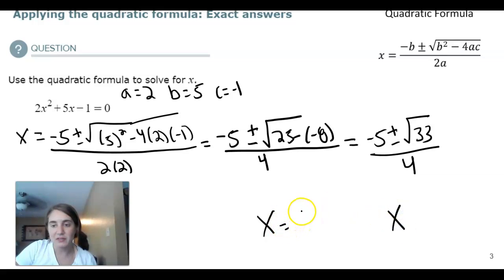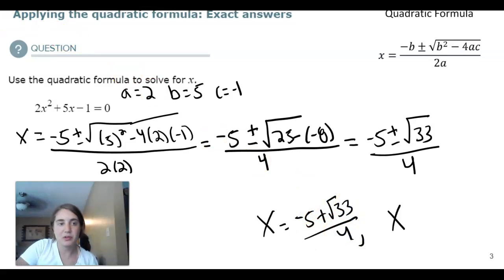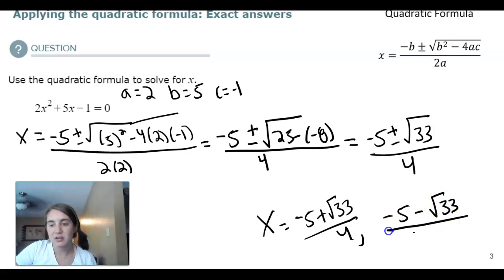One where I have a positive and one where I have a negative. So if it wants an exact answer, this is exact. I cannot simplify 33 anymore.